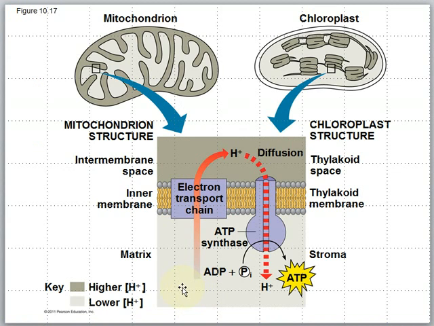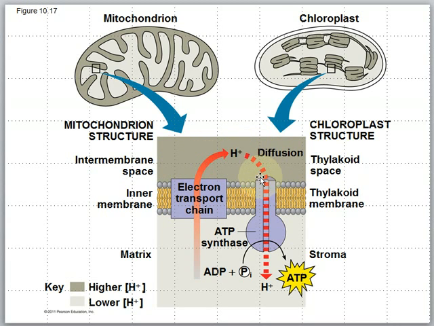So here's a comparison of them. The darker gray represents a higher amount of the H plus ions, and the lighter gray or white represents a lower H plus ion concentration. The same thing is occurring in both the mitochondria and the chloroplasts. We have an electron transport chain that helps pump H plus ions into a particular area, the intermembrane space of the mitochondria and the thylakoid space of the chloroplast.